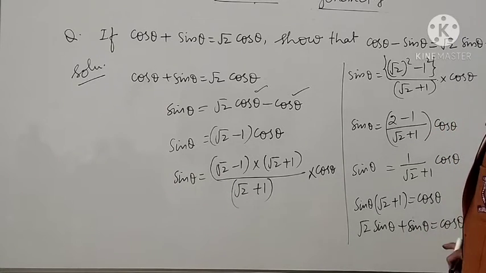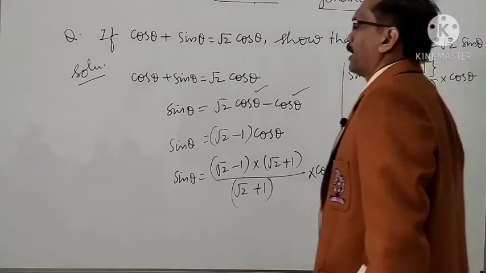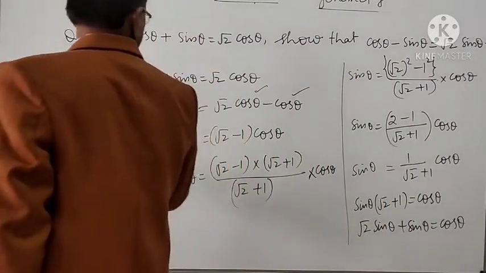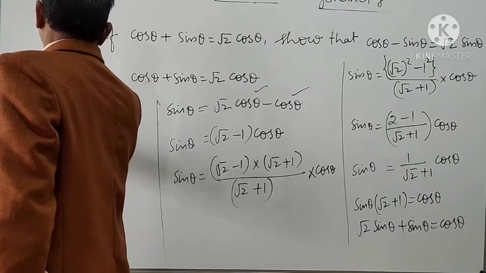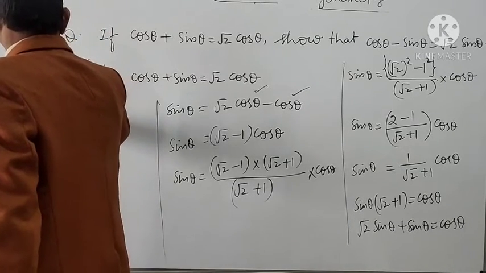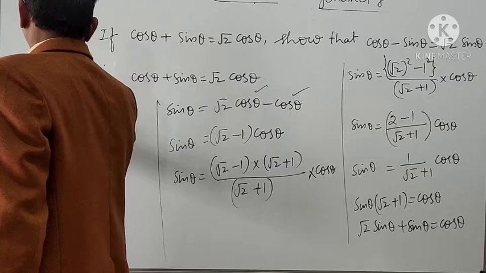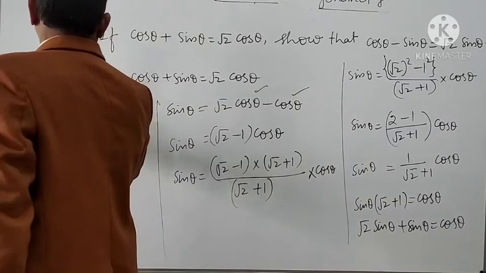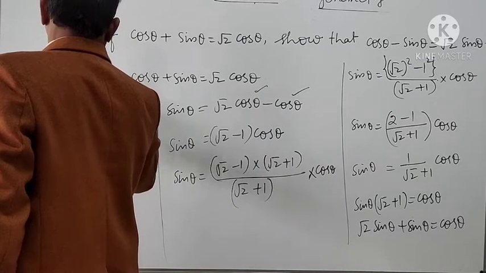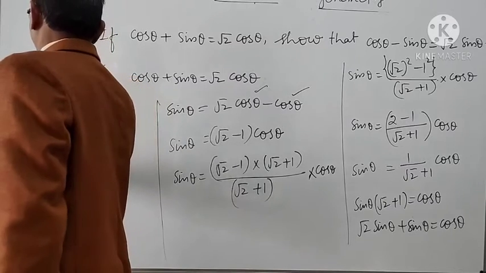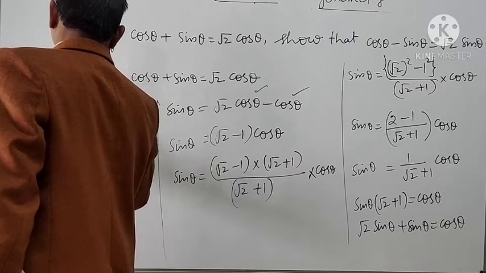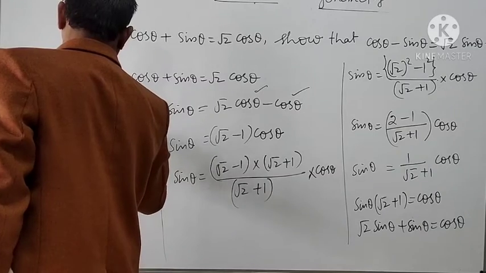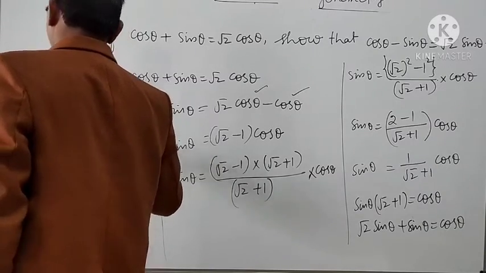Shift sin theta to the right hand side, we will get root 2 sin theta equals cos theta minus sin theta. Therefore, cos theta minus sin theta equals root 2 sin theta. Hence, proved.